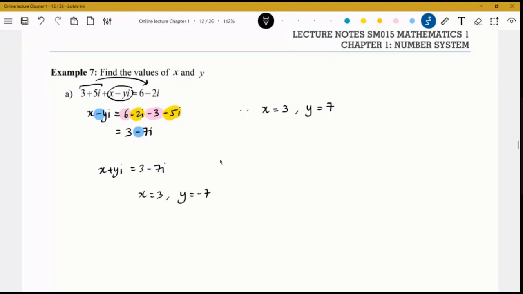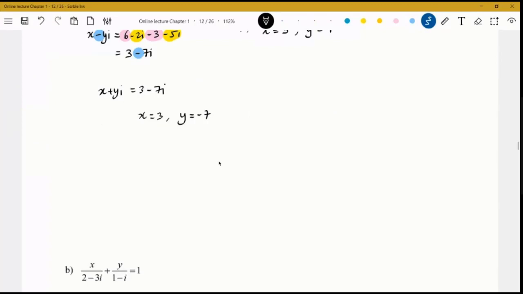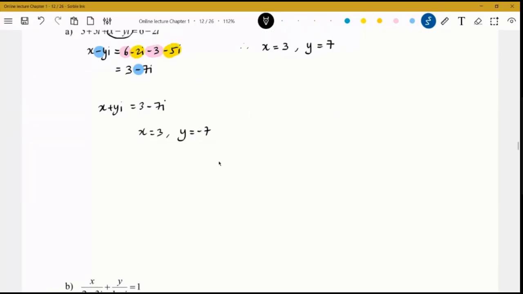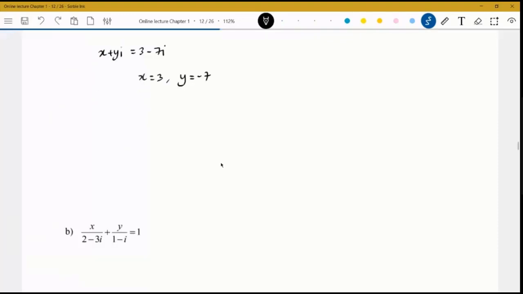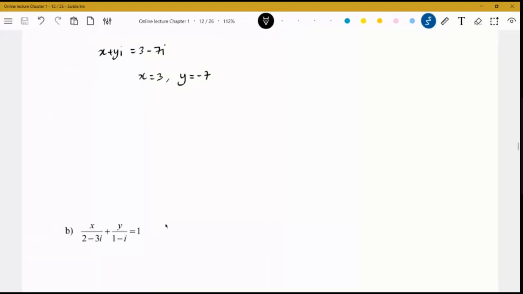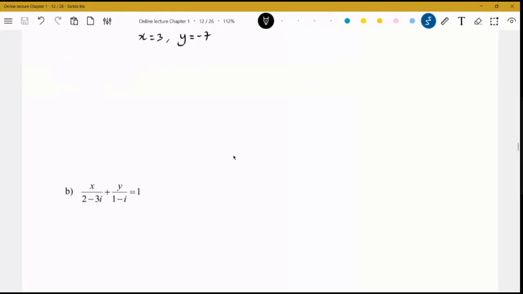Okay, part B. Part B di mana we have to find the x and y as well. By given x over 2 minus 3i plus y over 1 minus i equal to 1. Okay, as you can see, we have the complex number in the denominator. It means you have to rationalize with the complex number. Rationalize with the conjugate.